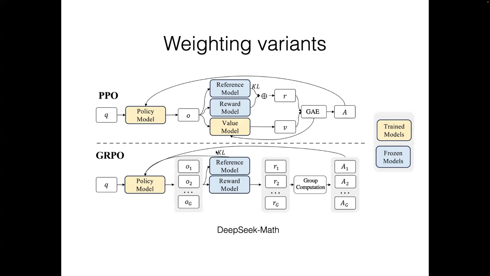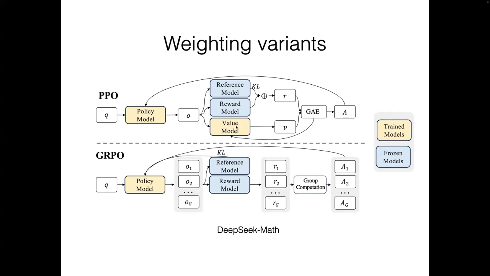And one reason that they argued for doing this is that in order to compute these advantages, you have to have this extra value model. So you have to store the parameters in GPU memory, and if this is a full language model, then it could really increase the size of things.